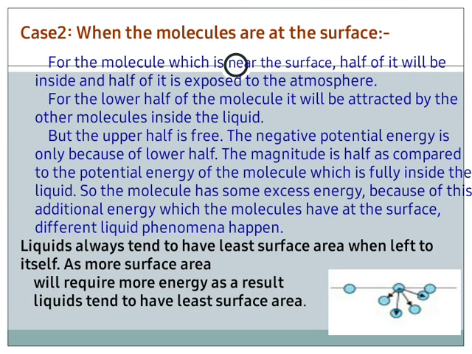Because of the lower half, the negative potential energy is half of the previous value. That is, the magnitude is half as compared to the potential energy of the molecule which is fully inside the liquid.